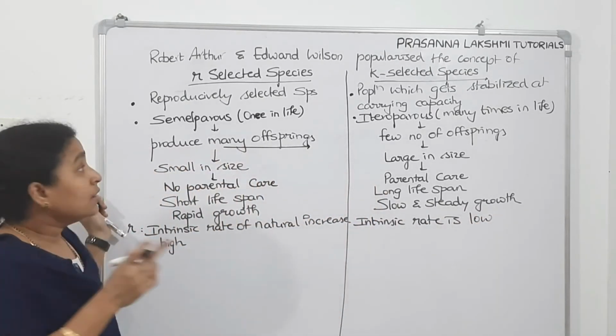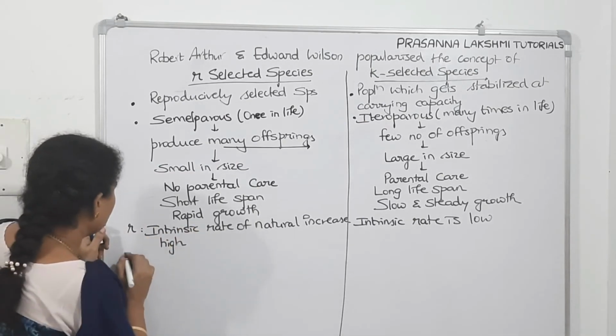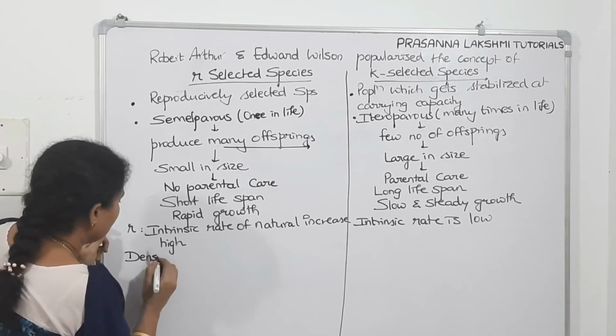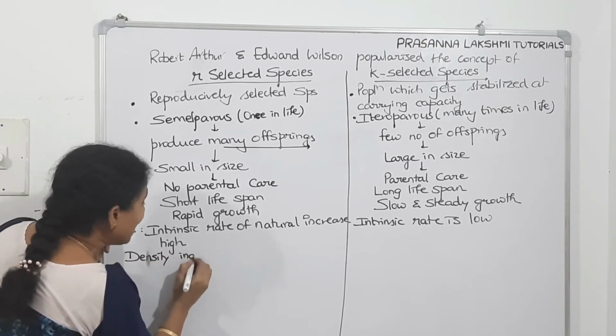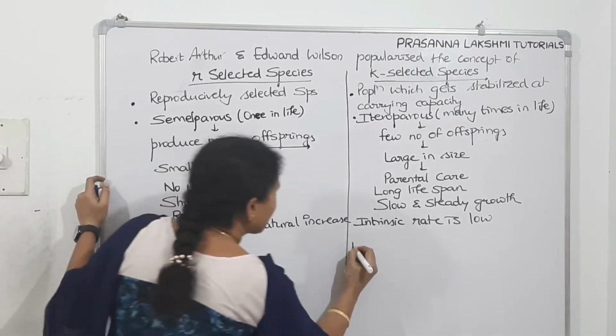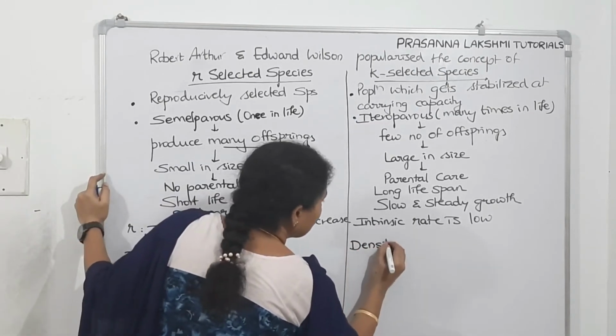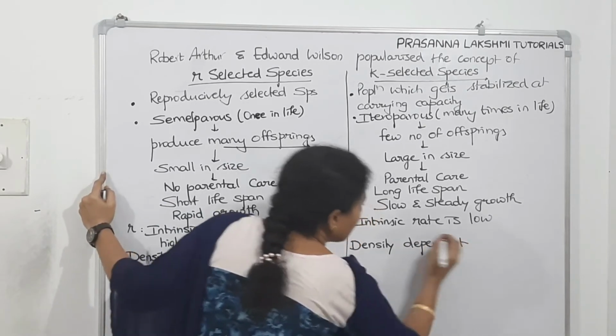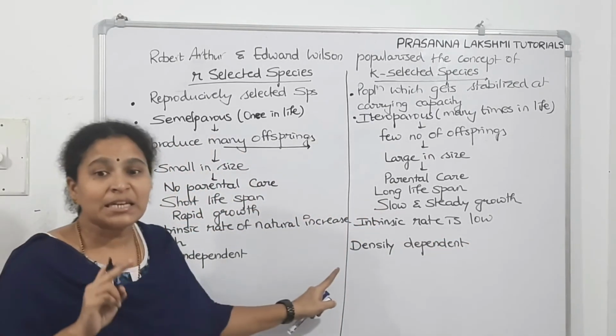Okay. Then these R selected species are density independent. Whereas K selected species are density dependent. So, what do you mean by density dependent?